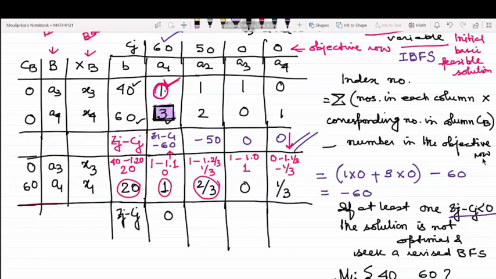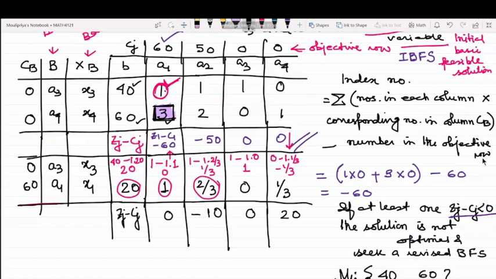We have 60 into 2 by 3 plus 0 into 1 by 3 minus 50, and that amounts to minus 10. Then we have 0 and we have 20.